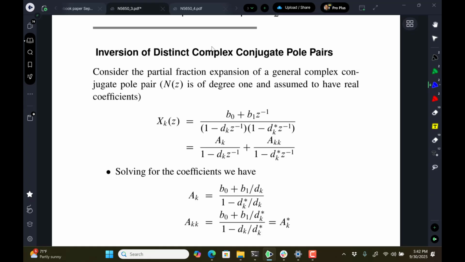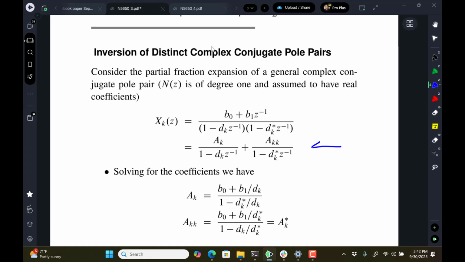It says, what happens if we happen to have a term of this type where we have complex conjugate poles, and this is in proper rational form? So what is the expansion of this isolated proper rational complex conjugate pole pair? Well, right off the bat, we can go back to our standard non-repeated poles formula.